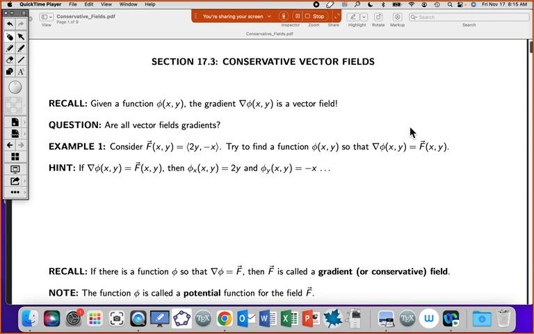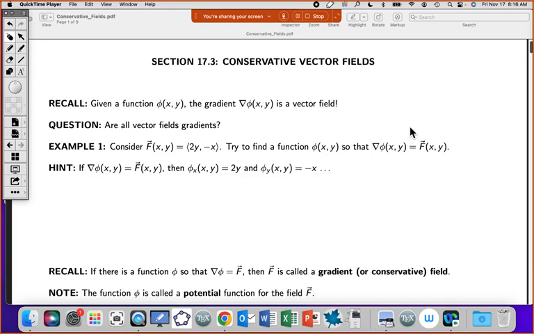So in 17.1, we talked about what vector fields are. Vector fields assign vectors to points in space or in the plane, frequently used to model velocity fields or force fields. In 17.2, we talked about line integrals.